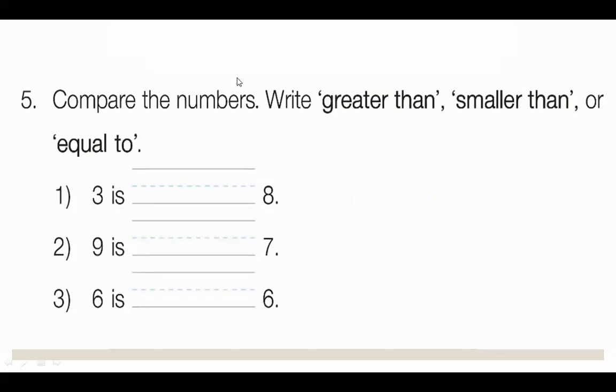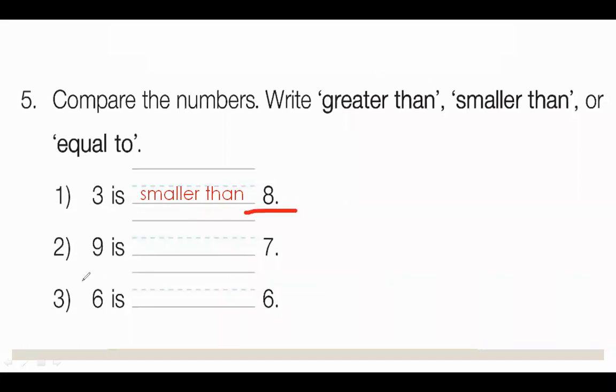Now let's go to number 1. 3 is blank 8. What do you think is the answer? Greater than, smaller than, or equal to? Let's see if your answer is correct. Yes, it's smaller than. Again, 3 is smaller than 8.